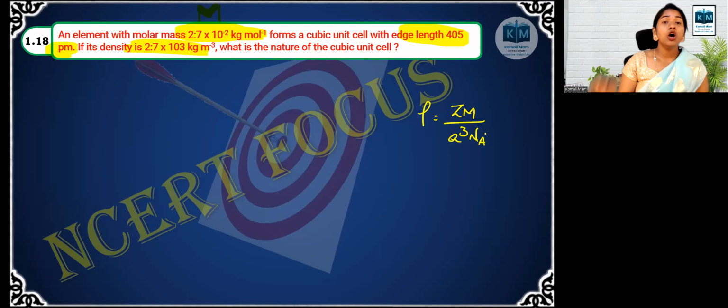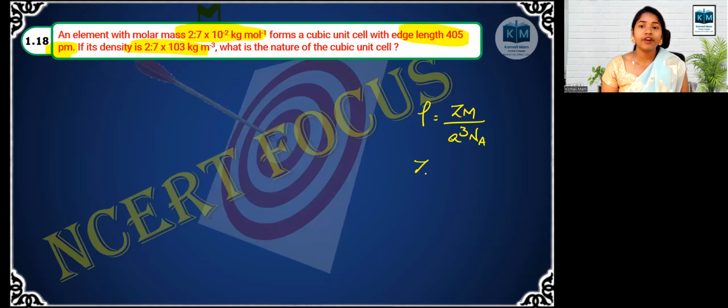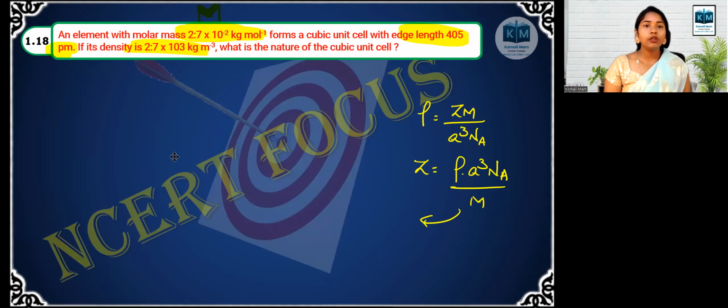Repeat the formula. What we have to find is Z, then only will we know the nature of the substance. So Z is rho into a cube into Na divided by M. What is the rho value, the density?